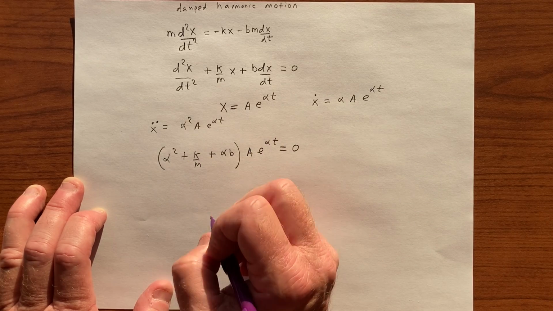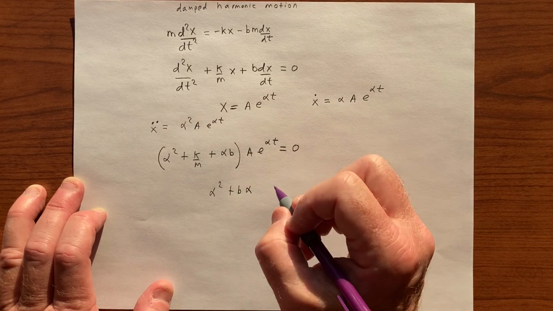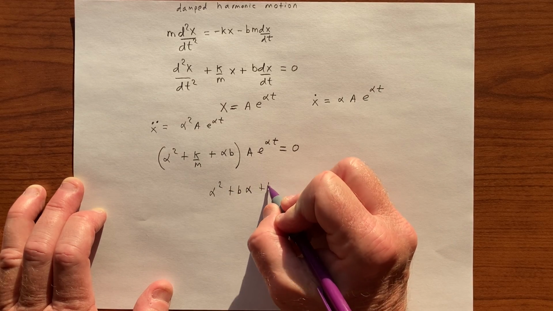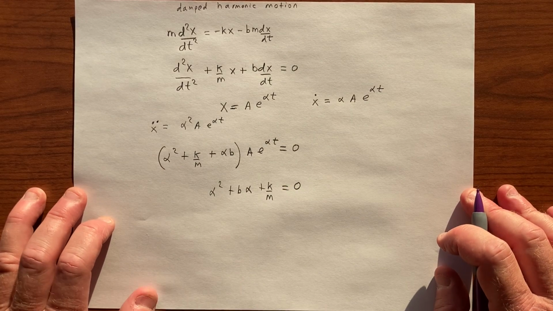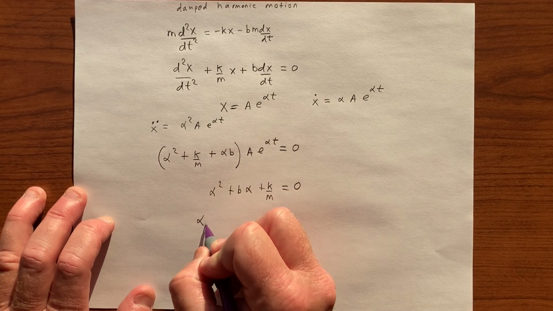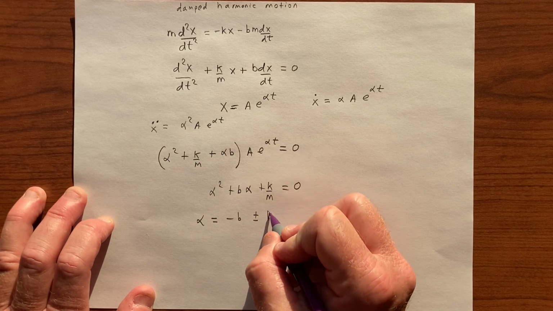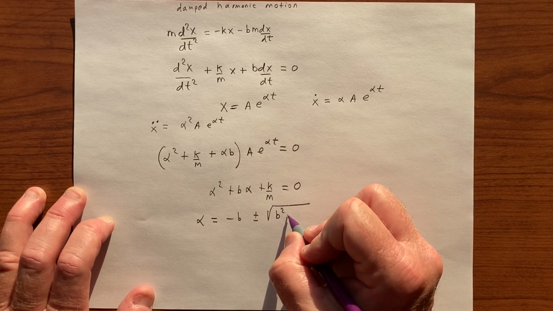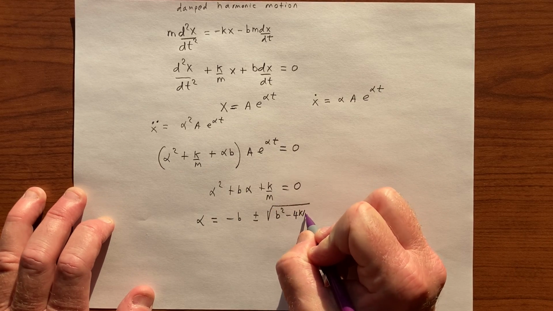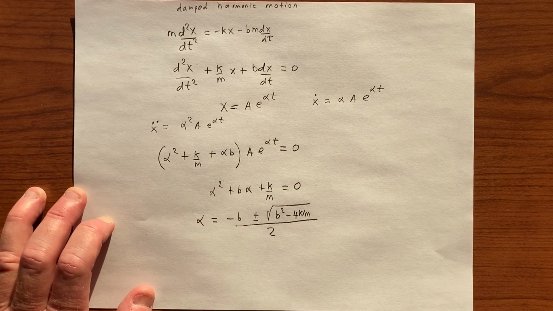We get alpha squared plus b alpha plus k over m is equal to 0. That's just a quadratic equation whose solutions are minus b plus or minus the square root of b squared minus 4k over m, divided by 2.